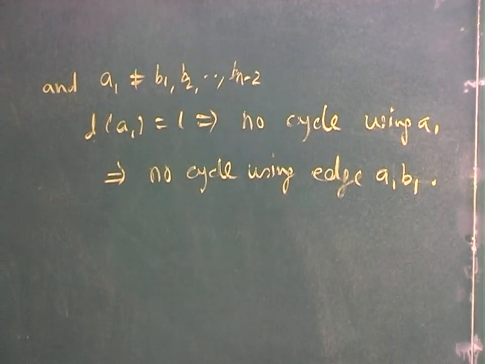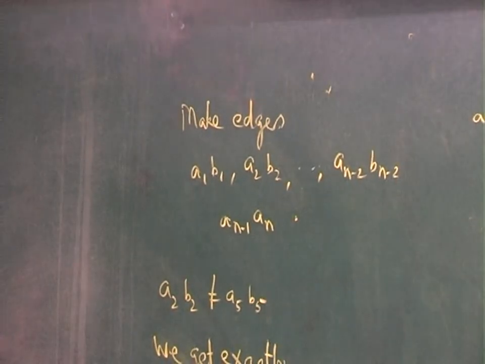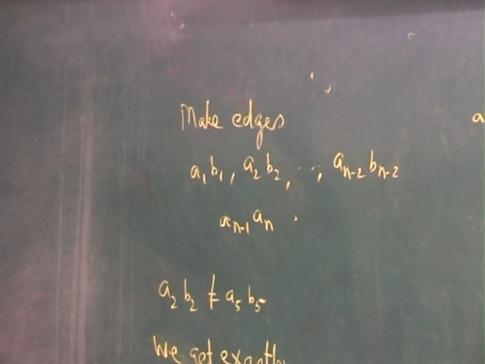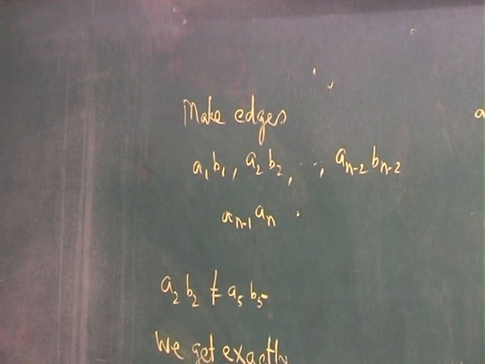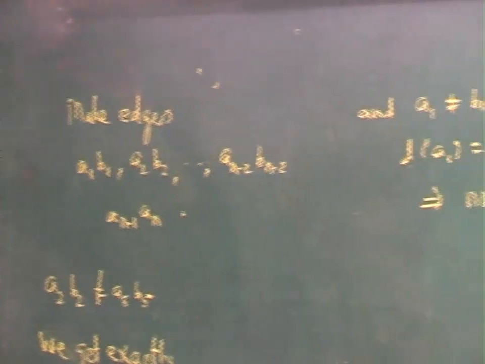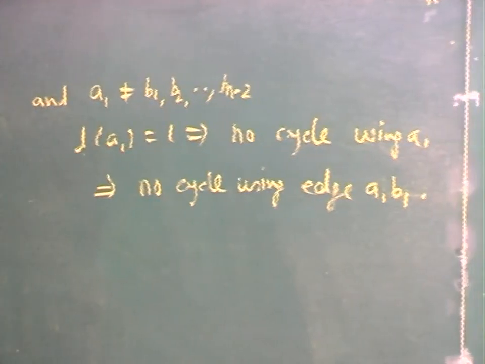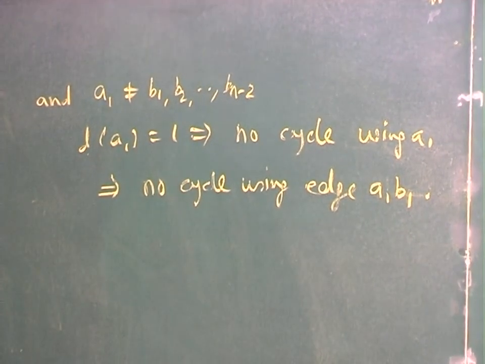Next, look at A2. How can I really have a cycle that contains A2? A2, the way it is constructed, is not equal to B2, it is not equal to B3, B4, any one of those B's. It is also not equal to A3, A4 up to An minus 1, An.